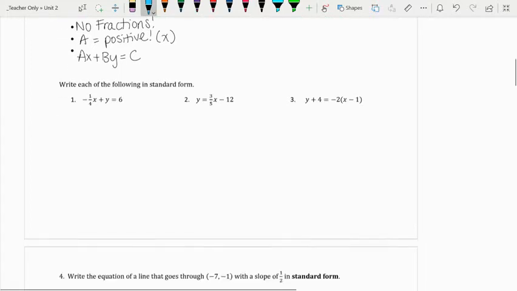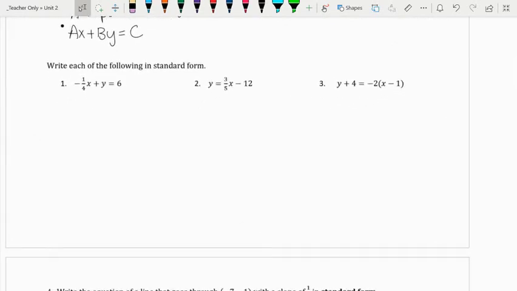All right, so if we look at number 1, okay, right now it is in ax plus by equals c, right? We have x, then y, and a number, right? Problem is there's a fraction. So how are we going to get rid of that 4 in the denominator? We're going to multiply by -4.